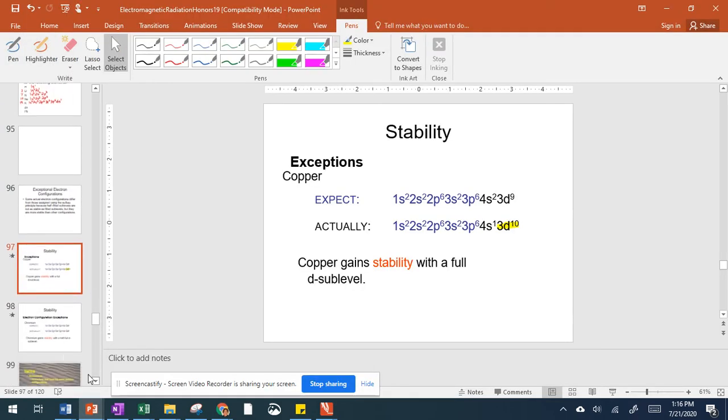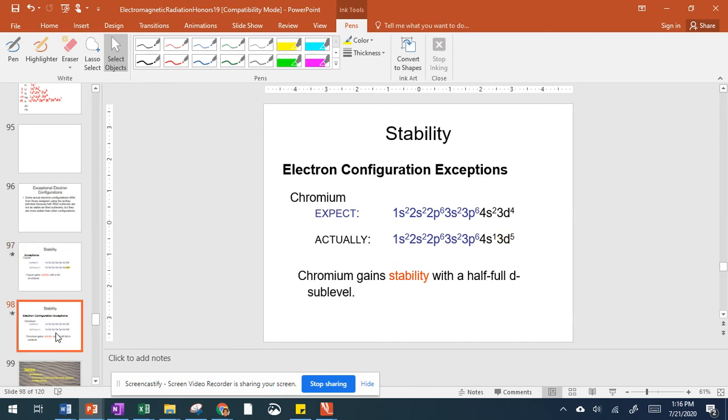We also see this with group 6. With group 6, for example, with chromium, we would expect it would end in 4s2, 3d4. What actually happens, it ends in 4s1, 3d5. This is very stable.